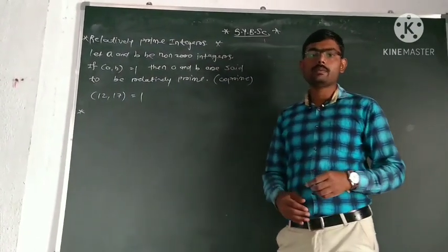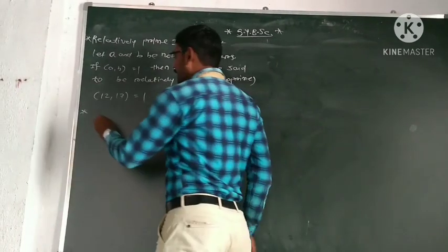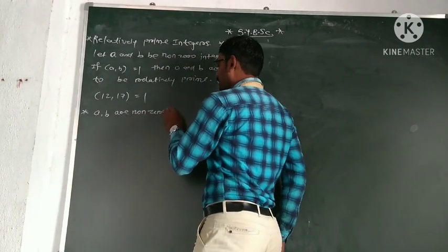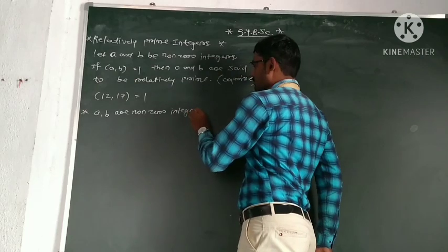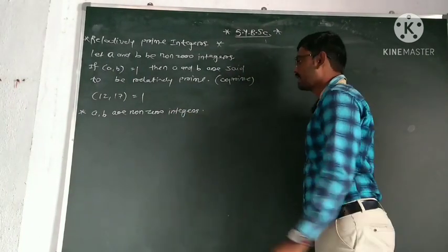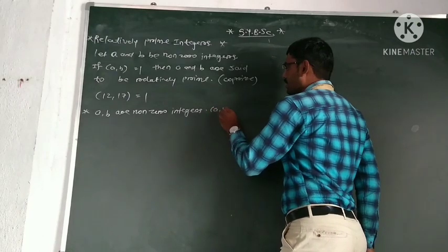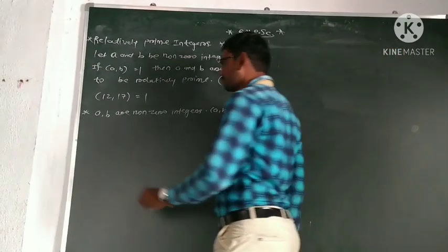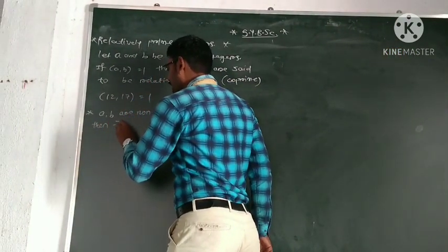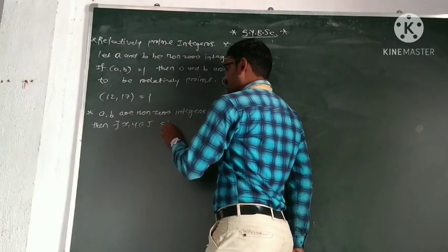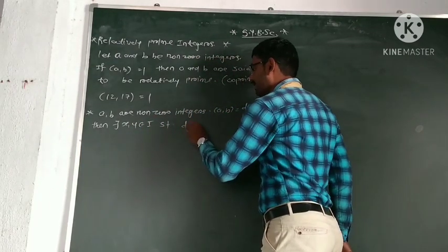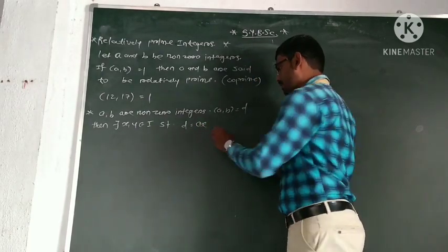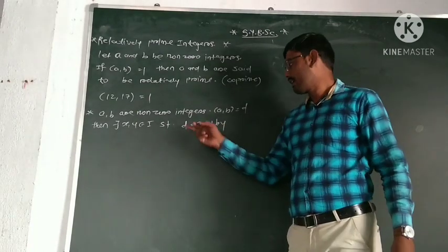If a and b are non-zero integers such that their GCD is equal to, say, d, then there exist integers x and y such that we can write the GCD as a linear combination of a and b. So ax plus by. We can write d as ax plus by.